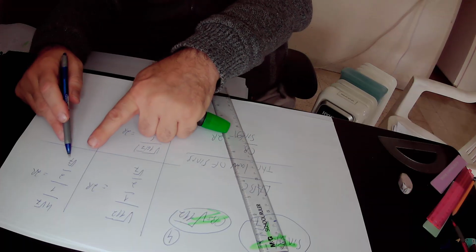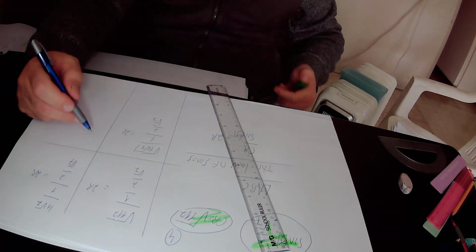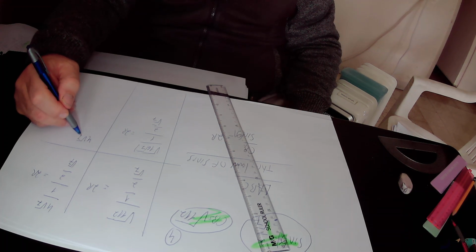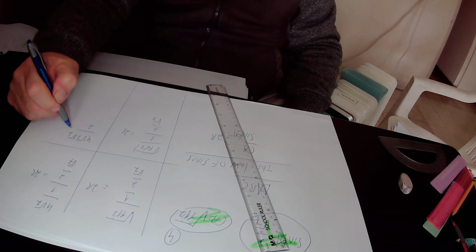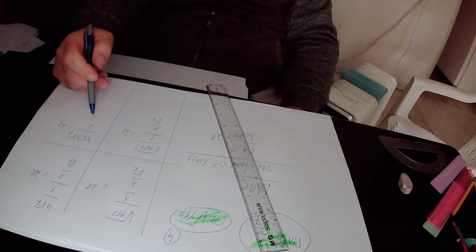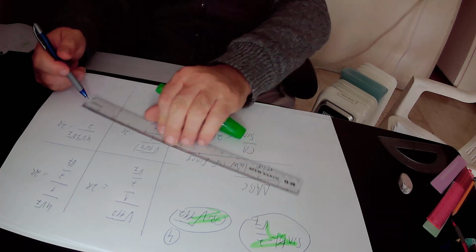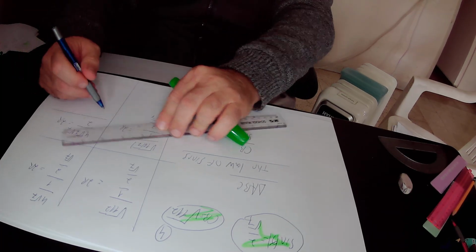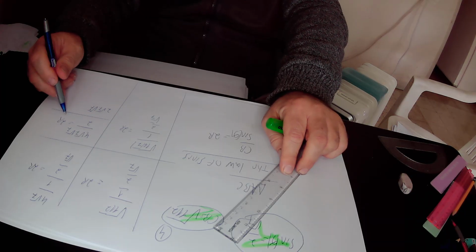Here we move root of 7 to the numerator and 2 to the denominator, and we get 4 times root of 7 times root of 7 over 2 equals 2r. 4 over 2 is 2, so in total this equals 2 times root of 7 times root of 7, equals 2r.